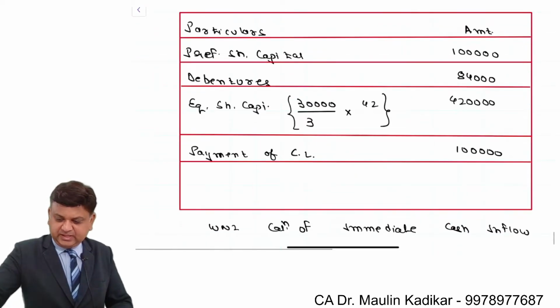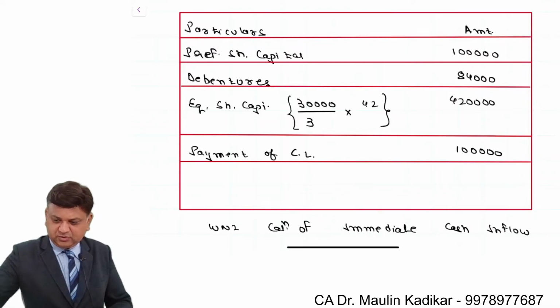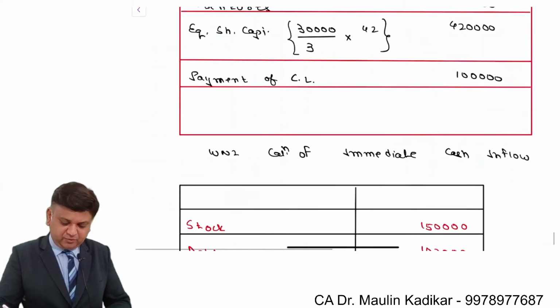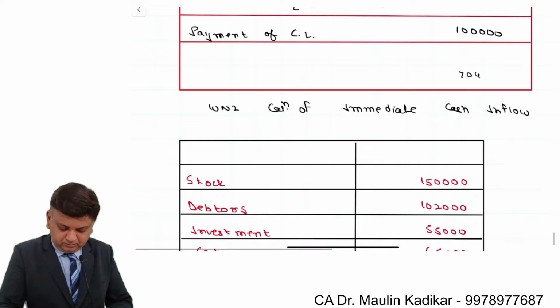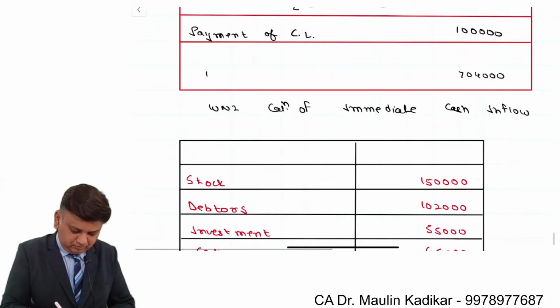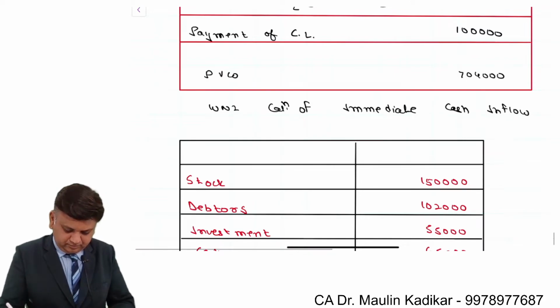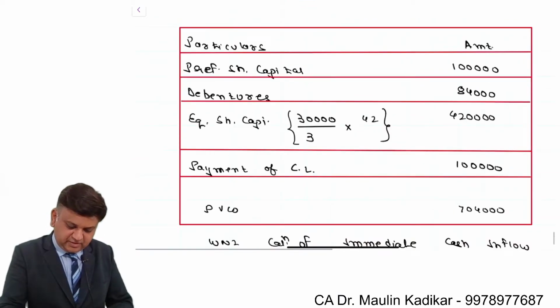So we will have working like this: 1 lakh plus 84,000 plus 4,20,000 plus 1 lakh. It is 7,04,000. So it is present value of the cash outflow.